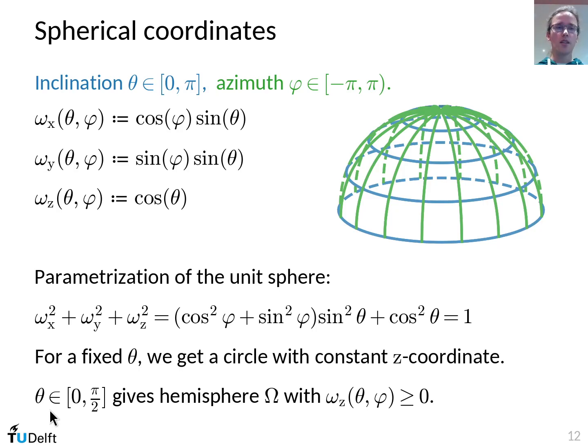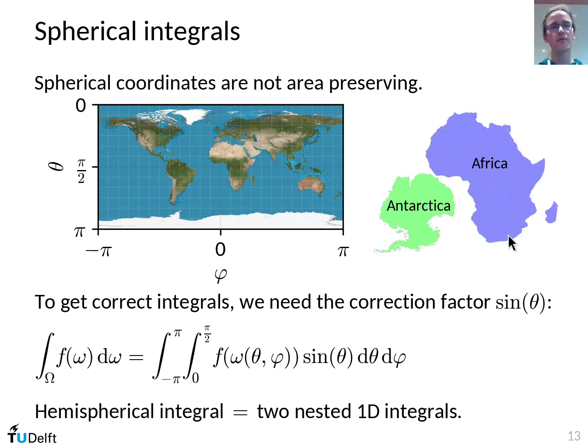So in particular, if we keep theta in the interval between 0 and pi over 2, then we get a hemisphere where all the z-coordinates are non-negative. So if we have theta 0, then we are up here at the North Pole, and at theta equals pi over 2, we are down here at the equator.